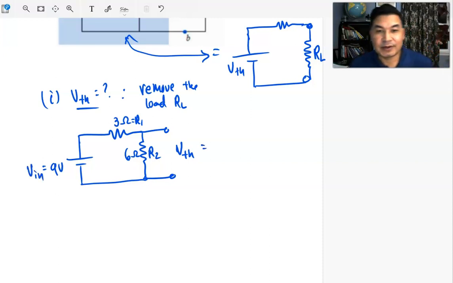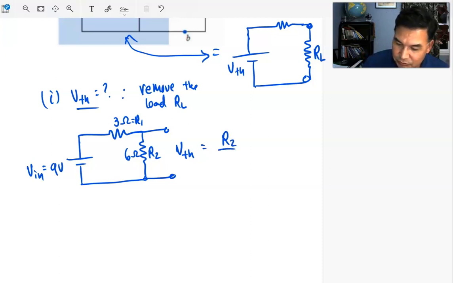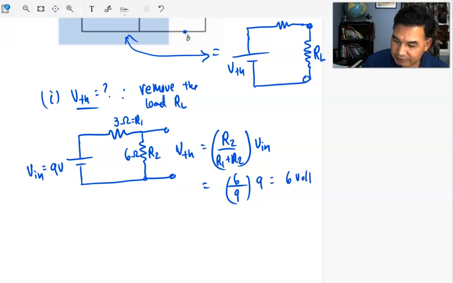This is just a voltage divider. The voltage across R2 is your Thevenin voltage, which is R2 over R1 plus R2 times the source voltage. That's 6 divided by 9 times 9, so it's 6 volts. Your Thevenin equivalent voltage is 6 volts.